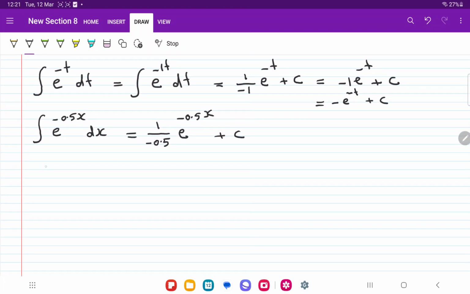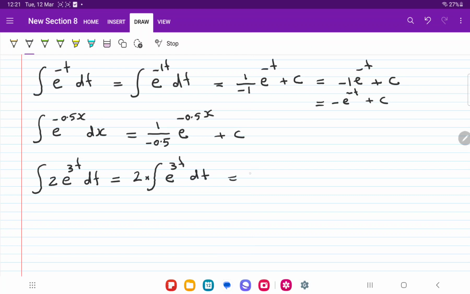Next example, integration of 2 e to the power 3t dt. How are we going to answer this question? First, we're going to move the constant 2 outside the integration, multiplied by the function.